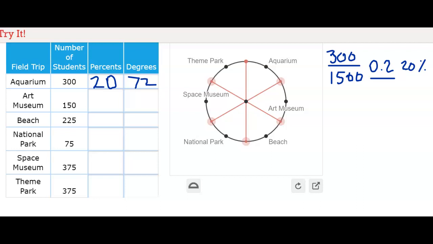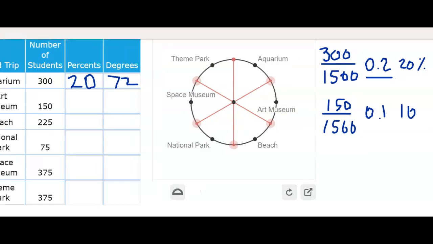So for the art museum, you do 150 over the 1,500, and then you divide it, and you're going to get 0.1, and that's the same as 10%.